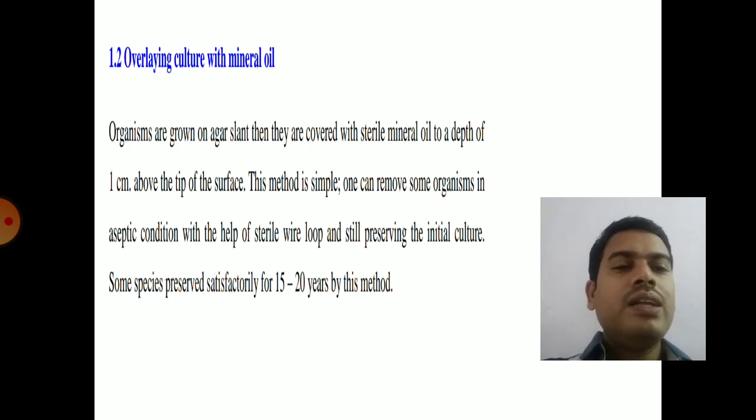After growing the bacteria on the petri dish or a test tube by agar slants or any nutrient or differential medium, you pour sterile mineral oil on the surface of the petri dish or on the surface of the capped tubes and seal it properly under sterile conditions, and you can maintain this culture for about 15 to 20 years. So that is the capacity of storage in mineral oil. That is how you will store bacterial species in mineral oil.